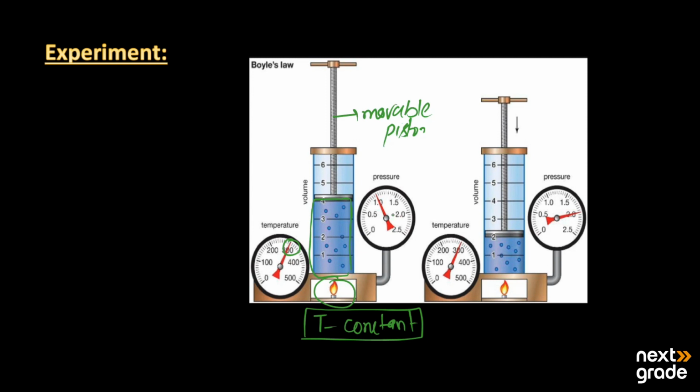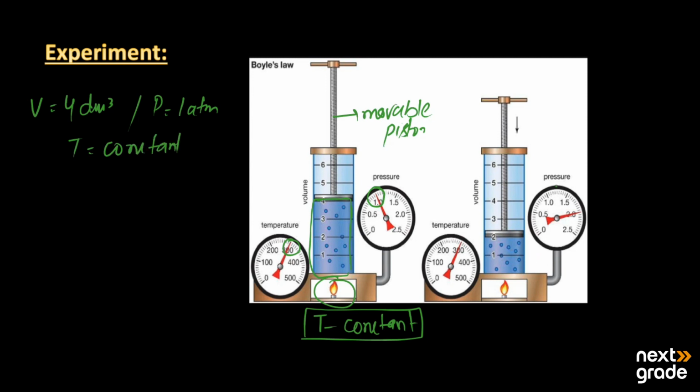The volume of the gas is 4 dm cube and the pressure is almost 1 atm, and the temperature is constant.